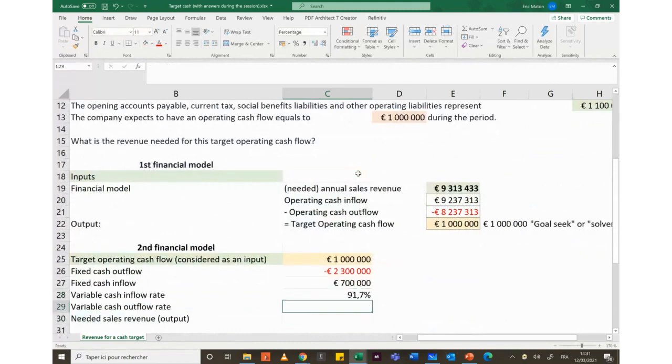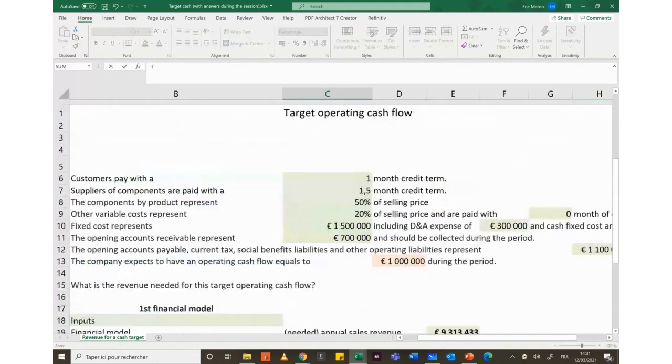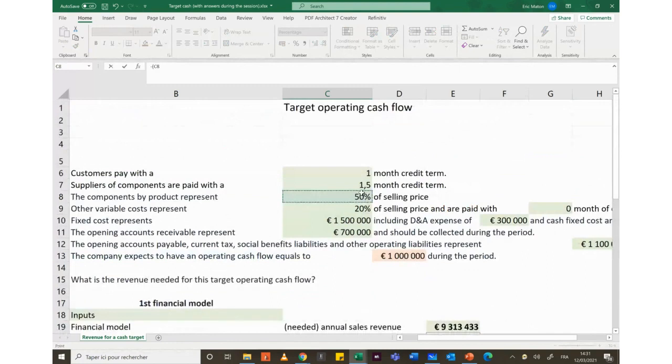The variable cash outflow, so I can put minus, it's the 50%. I take into account the effect of the credit terms, 12 minus 1.5 divided by 12, plus also the 20% multiplied by 12 minus the 0 divided by 12.